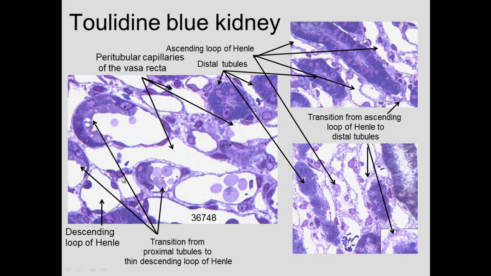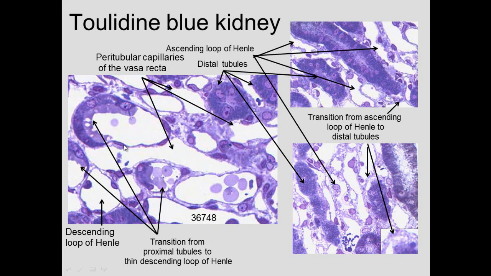You can see it here, here, but also you can see it when it comes back up, a transition between the two, where this is the distal tubule and this is the thin portion of the loop of Henle.